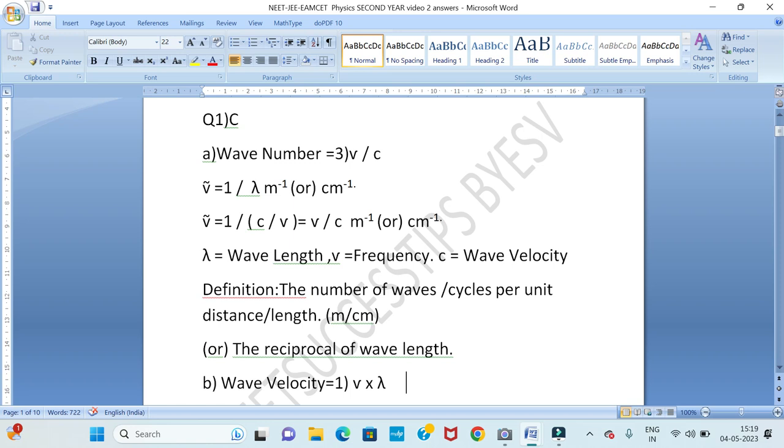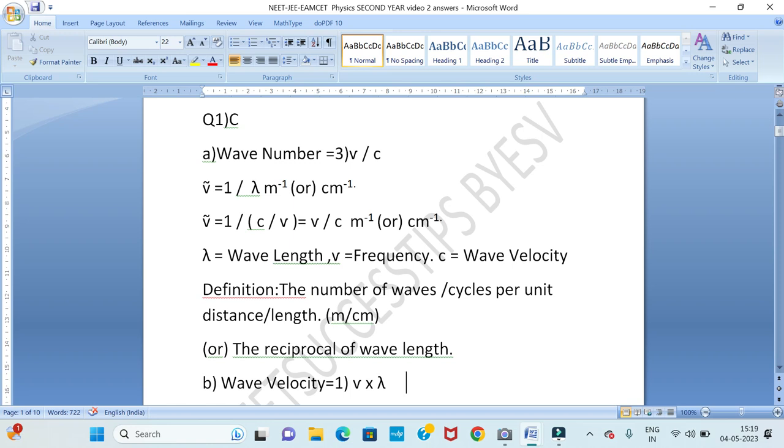Or in another meaning, the reciprocal of wavelength. Wavelength, we know, lambda is equal to C by V. The letter lambda denotes wavelength. Lambda is equal to C by V.